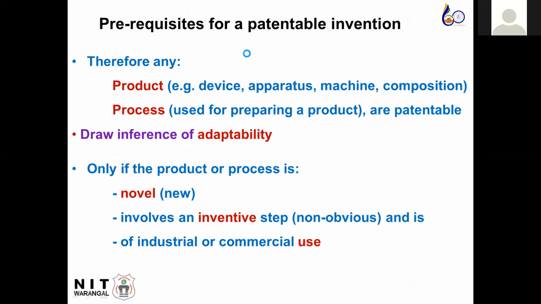A product can be a device, a new apparatus, or a machine, or a composition, drug composition or something. So that is called a product, which you can directly sell in the market. Or you can have a process, okay, used for making the product. So only product and process are patentable.